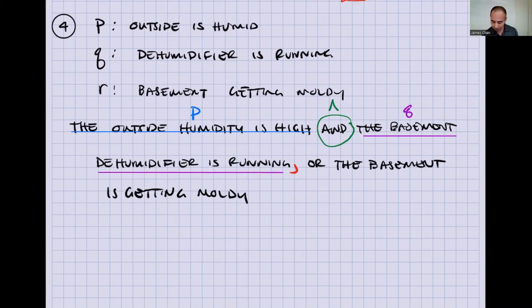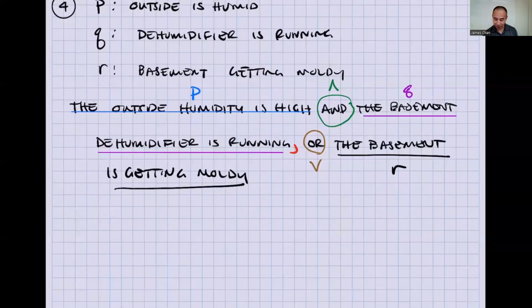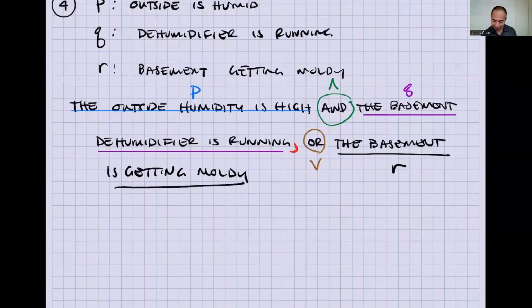Or the basement is getting moldy: R. So I have P and Q, comma, or R.